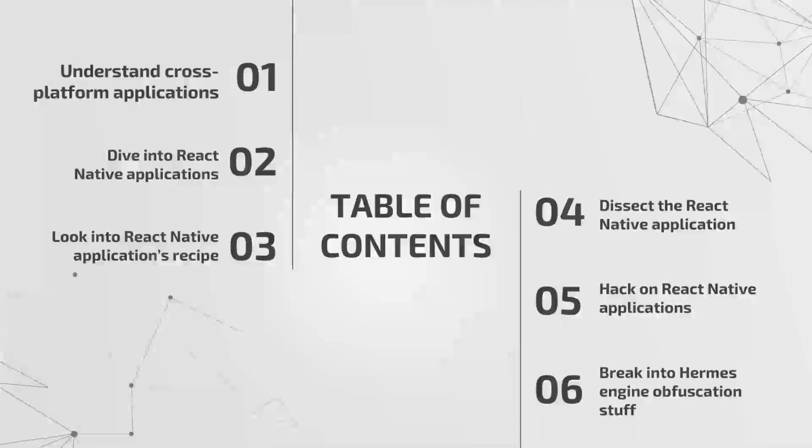After that we will hack a React Native application. We'll see some attack surfaces, and there's one special concept in React Native called Hermes engine obfuscation, which we'll check out in the later part of the session.